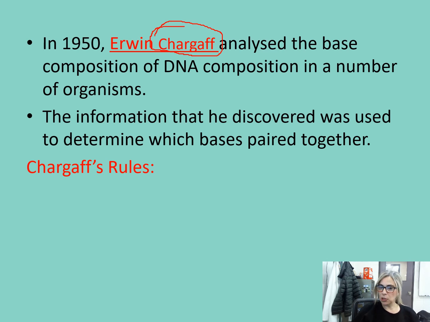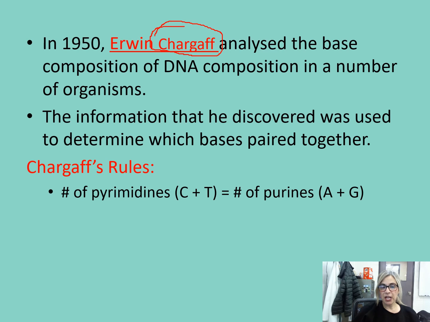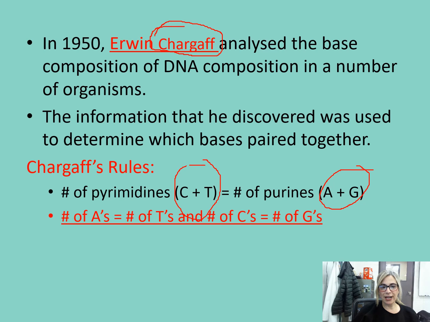It is a very simple type of calculation question. Basically, because of the bonding nature, how C always bonds with G and A always bonds with T, your number of pyrimidines is equal to your number of purines, okay? So what does that mean in a practical sense?